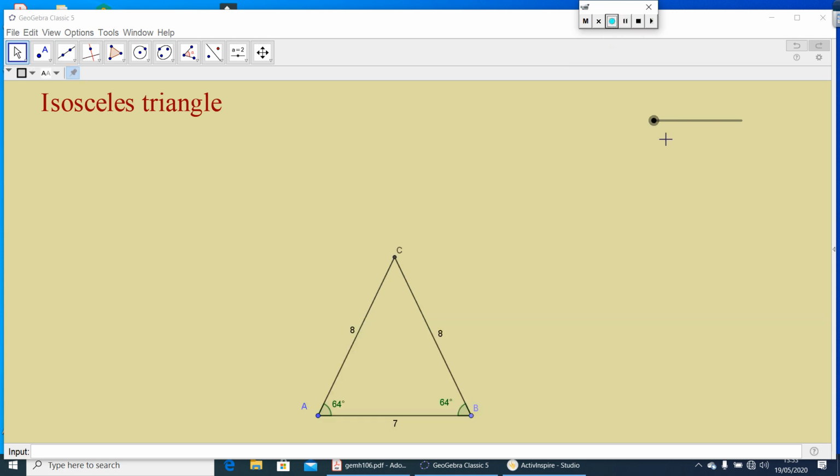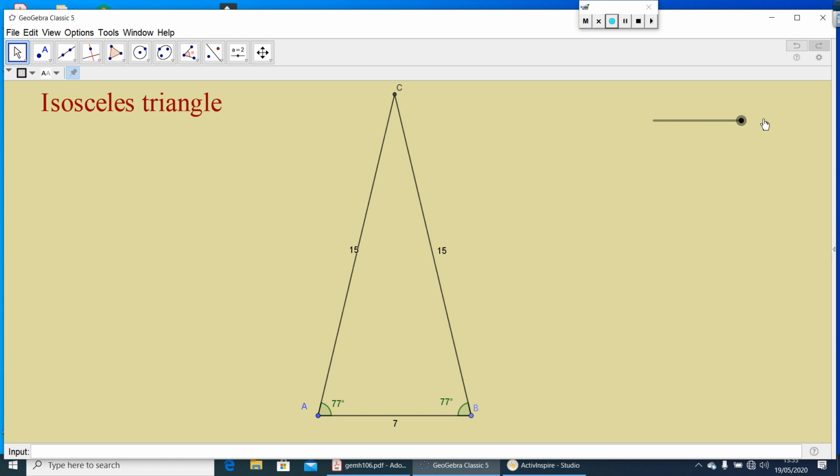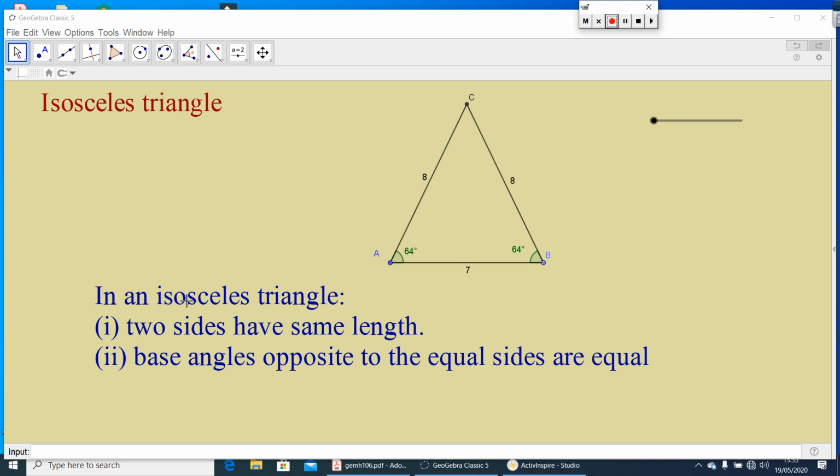Check what happens to the base angles. Whenever I change the size, you can see the base angles, the angles opposite to equal sides, are equal. So we can conclude: in an isosceles triangle two sides have the same length and base angles opposite to the equal sides are equal.